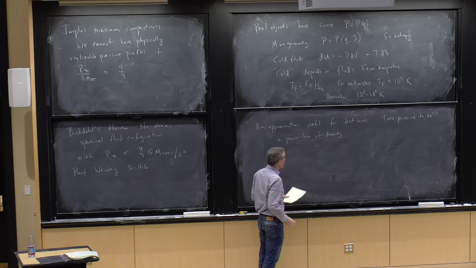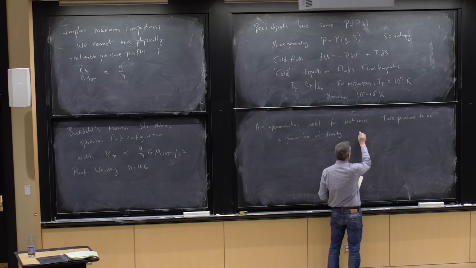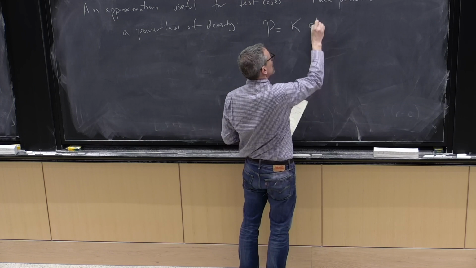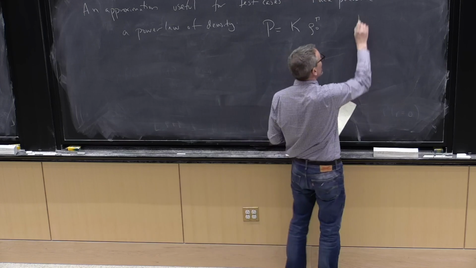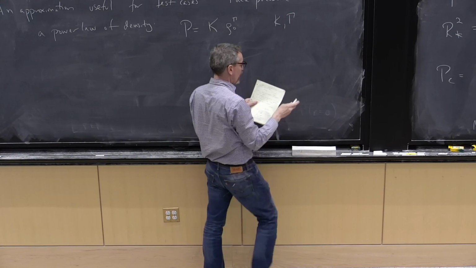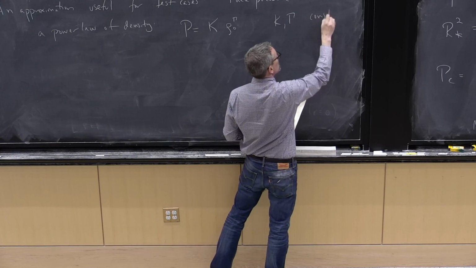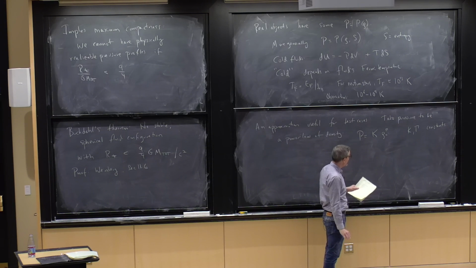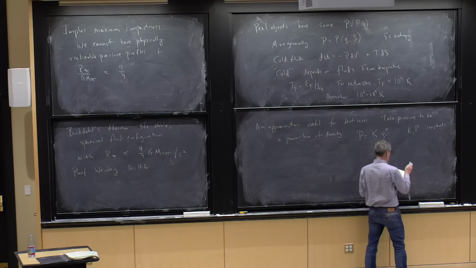Okay? So we write P equals K rho 0 to the gamma, where K and gamma are constants. A form that looks like this is called a polytrope.